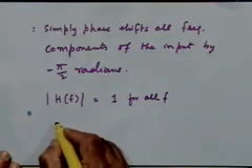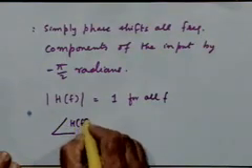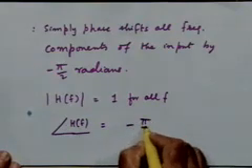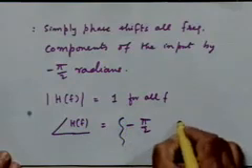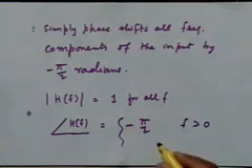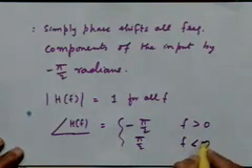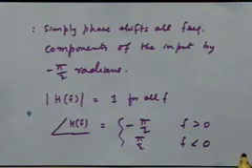But the phase is going to be equal to minus pi by 2 for f greater than 0, and since it has to be an odd symmetric function, it will be pi by 2 for f less than 0. So that's what a Hilbert transformer is. It's a filter which carries out a constant phase shift of minus pi by 2 radians for every frequency component that is present in the input signal.